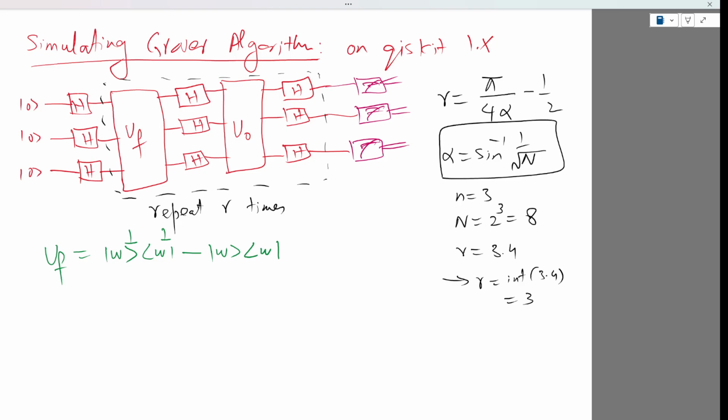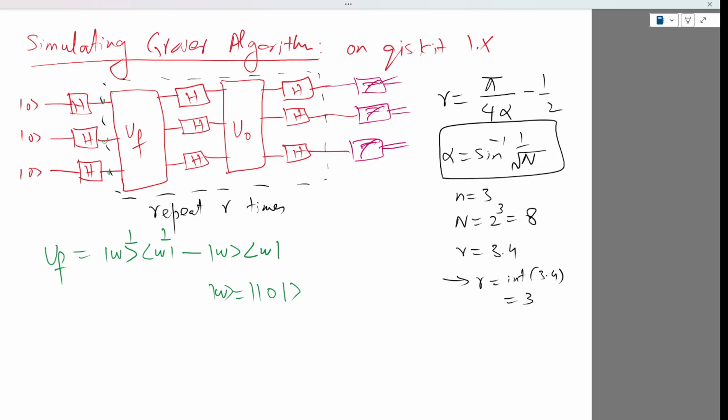For example, if I'm going to search for an item with an index, let's say 101, it should be giving a negative sign only when the input to this oracle is this ket 101.